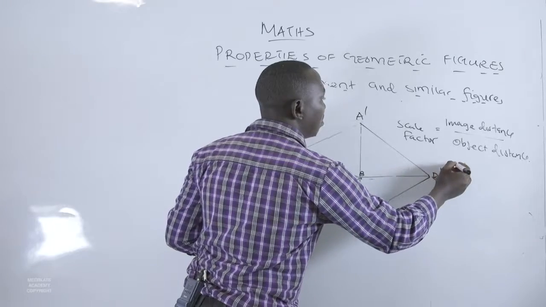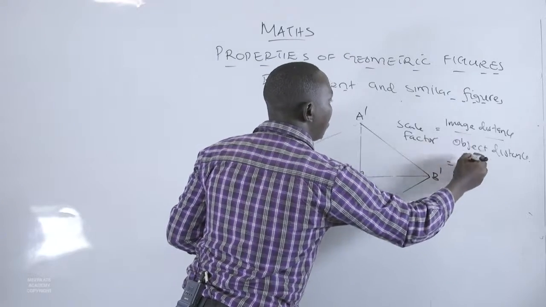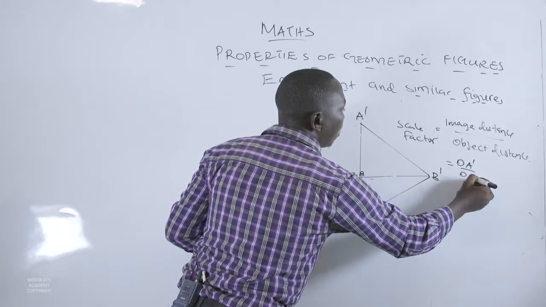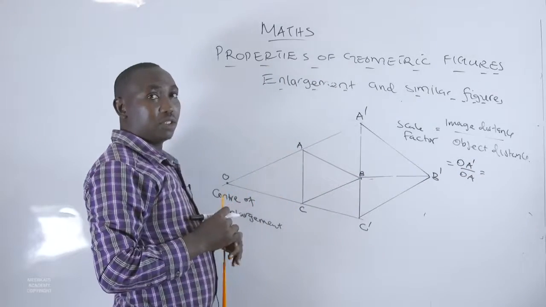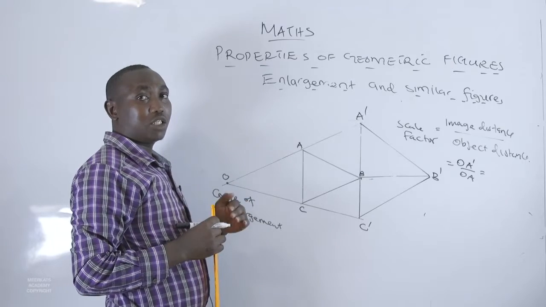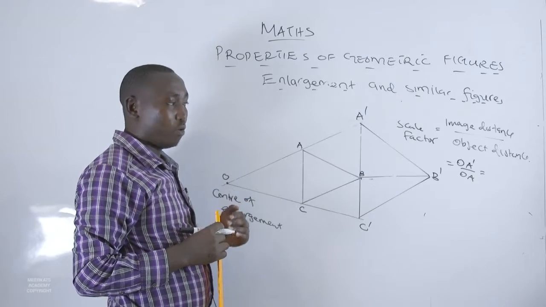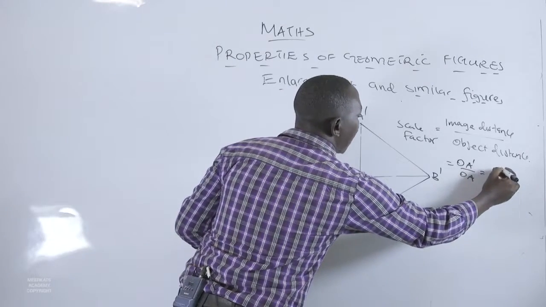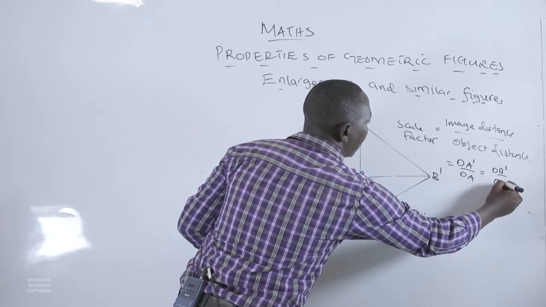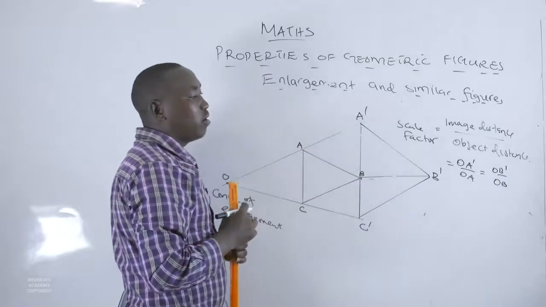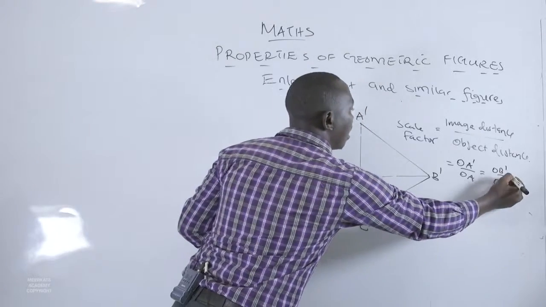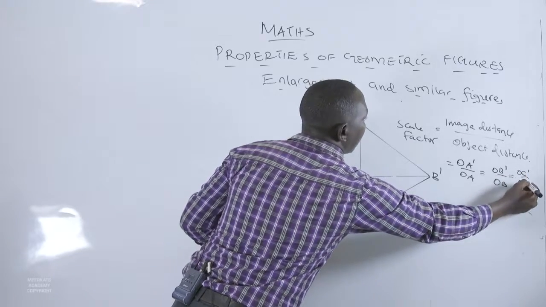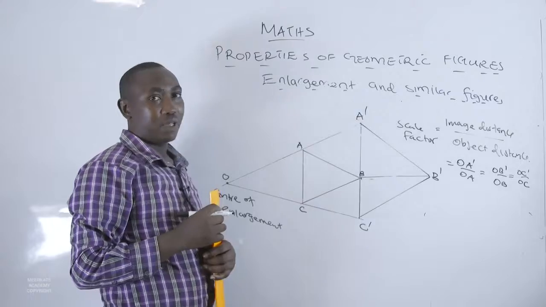So in this case, you can say the image distance of A, that will be OA prime over OA, and all the ratios should be the same for us to have a similar object. So it should be equal to OB prime all over OB, which is the object distance for point B, and this should again be equal to OC prime all over OC.